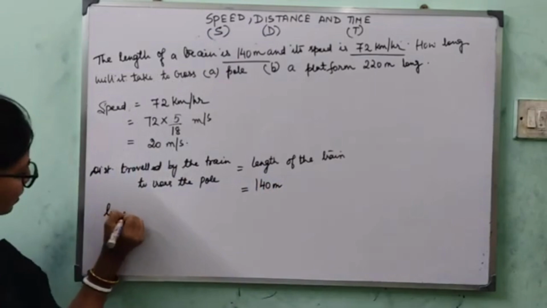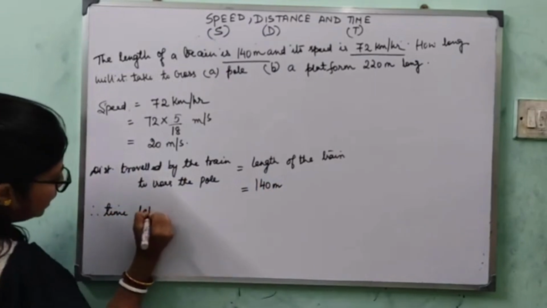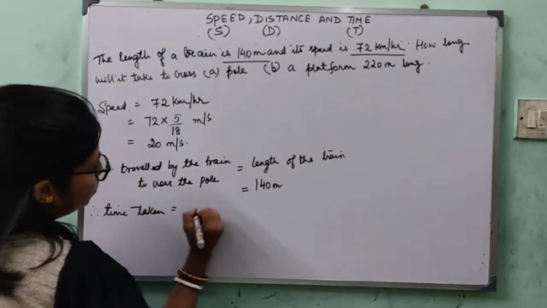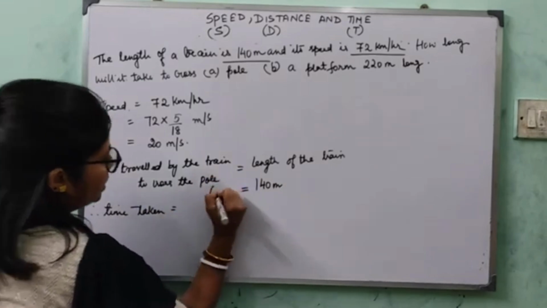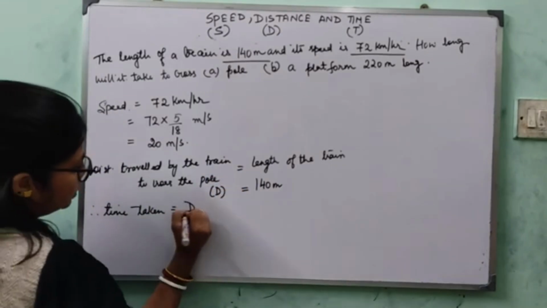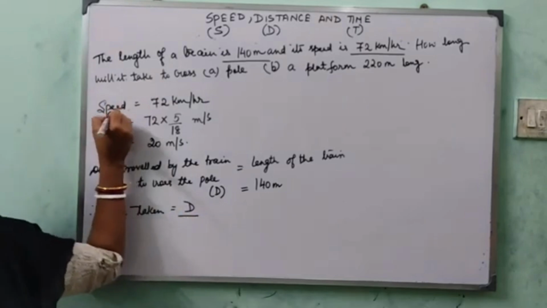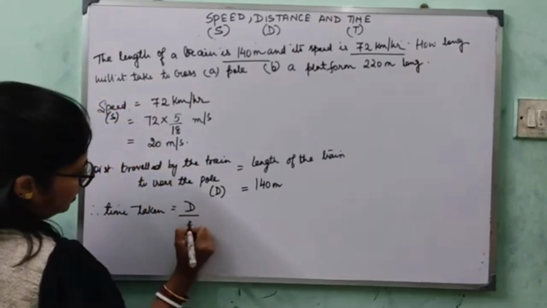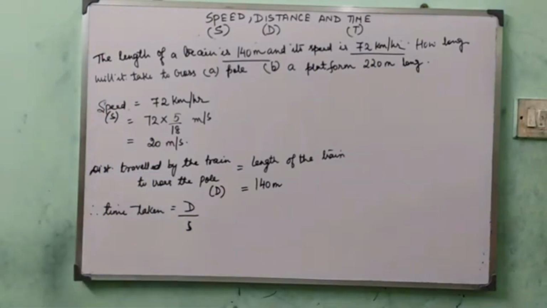So let's denote this as D by S. The distance traveled is the length of the train, that is 140 meter.